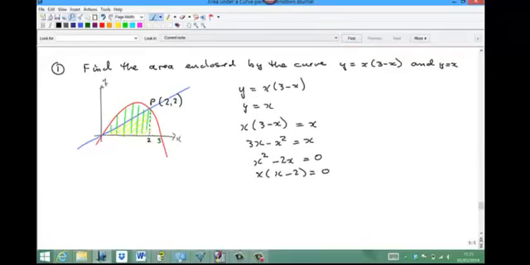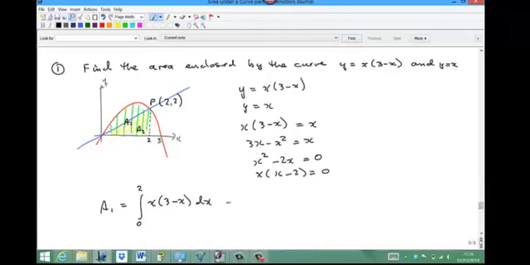So we need to integrate to find the area under the curve between 0 and 2. We'll call that A1, and the yellow area of the triangle A2. So A1 is equal to the integral between 0 and 2 of x(3 minus x) dx.